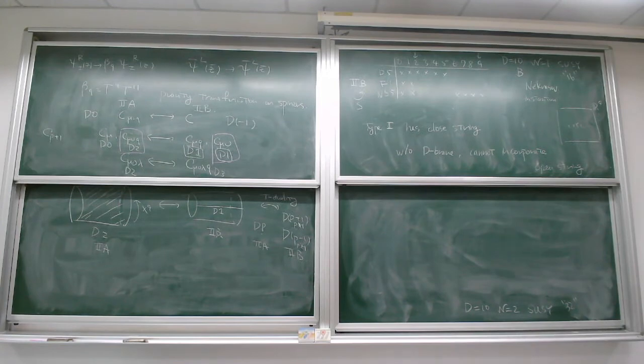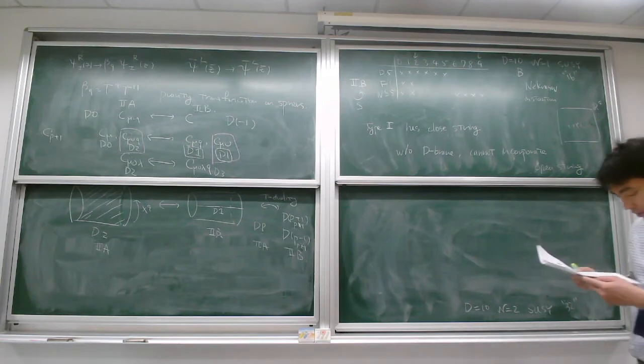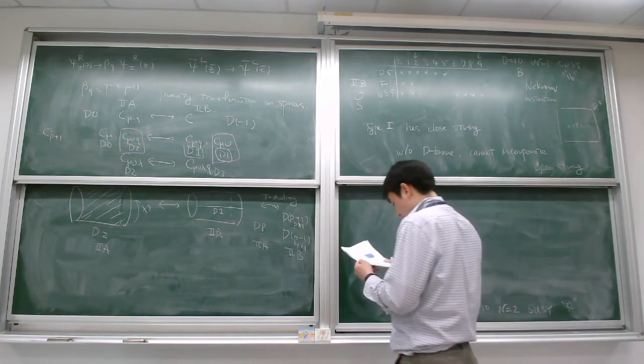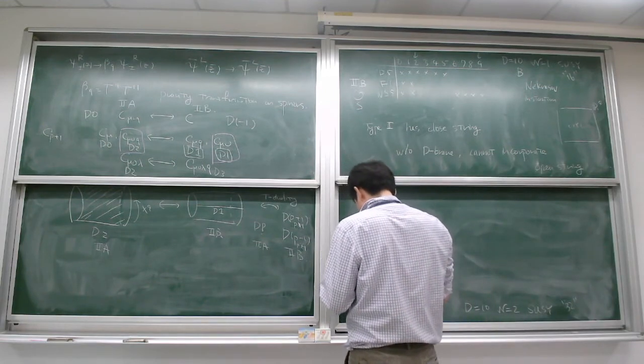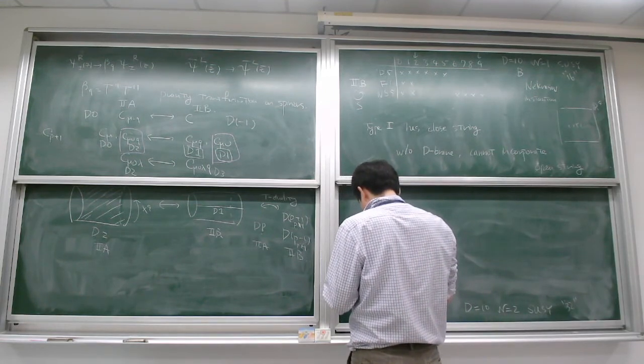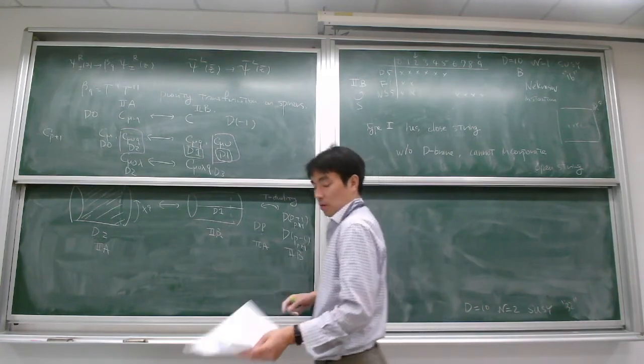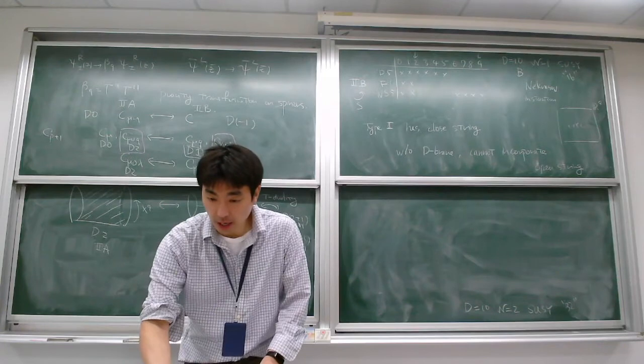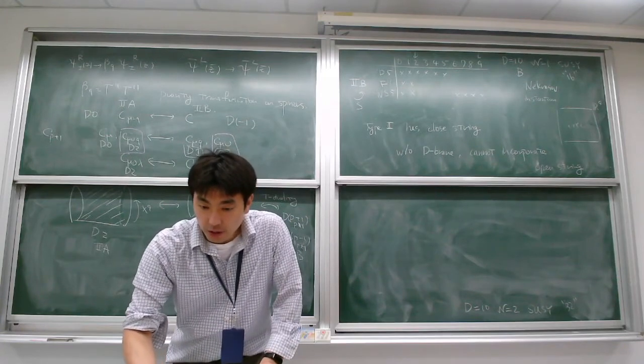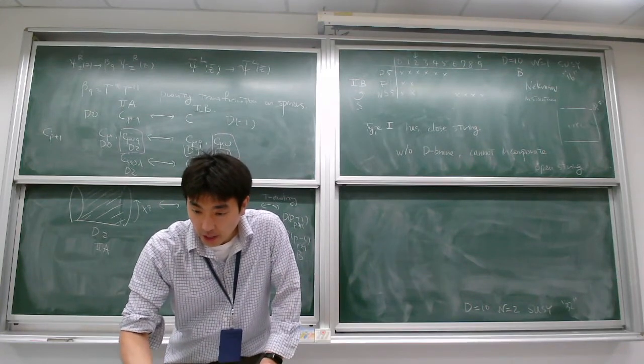Yeah, so this can be seen as follows. For instance, the last time I introduced the spectrum of type 2A.